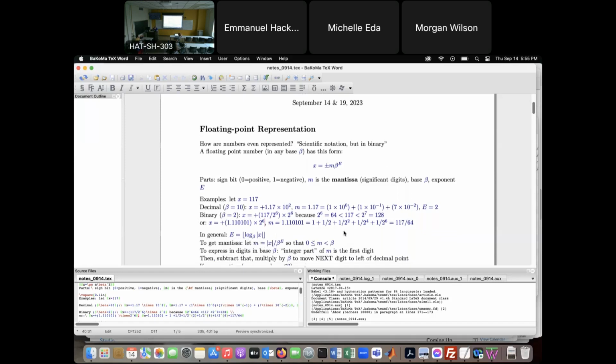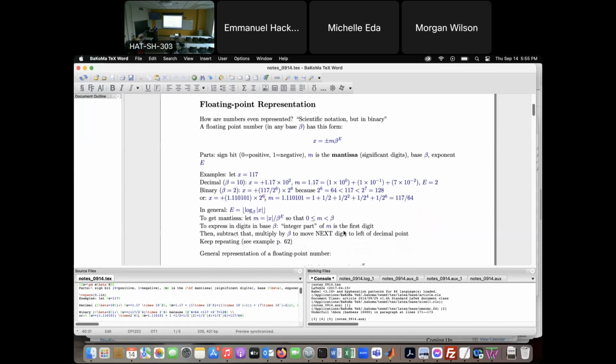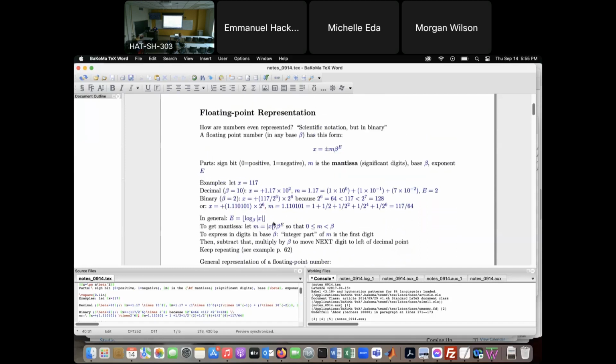Now, but as for how do you get the digits in a particular base, that can be a tedious process if you're dealing with a base that you're not accustomed to. Okay.